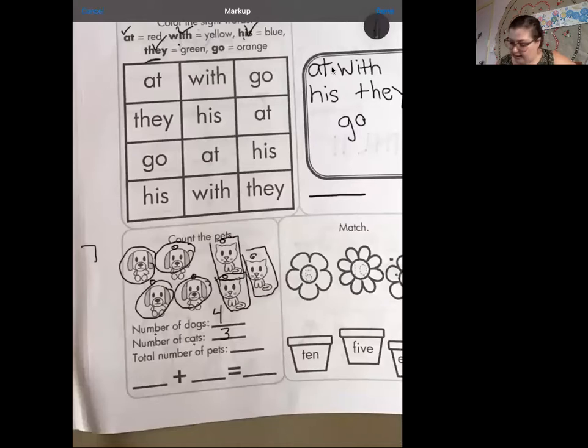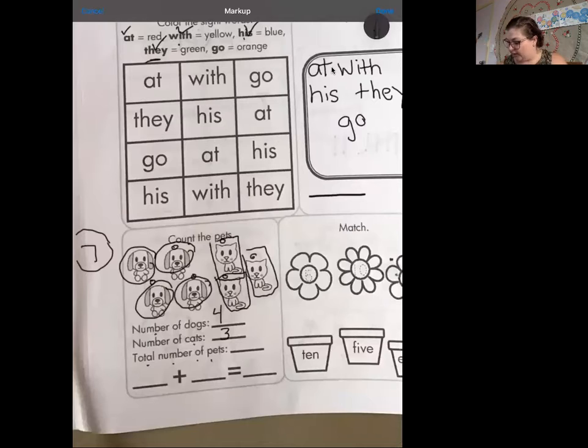Okay? Now the total number of pets. Well, we already wrote it down, so we know there's 7. But we also know there was 4 dogs. We add cats, so 1, 2, 3, 4 dogs. I'm gonna keep counting cats now. 5, 6, 7.